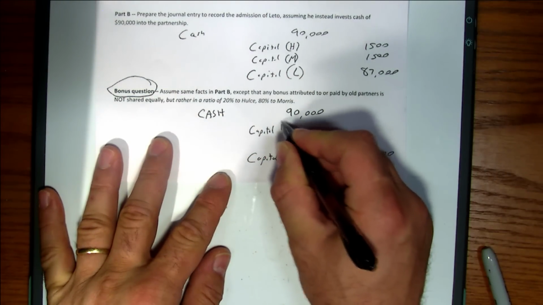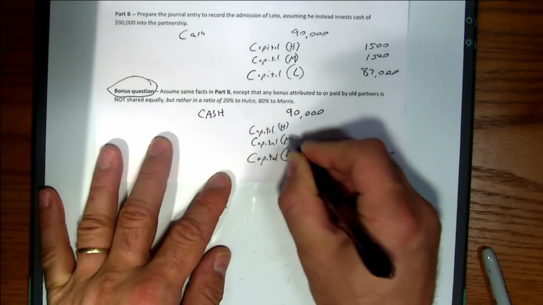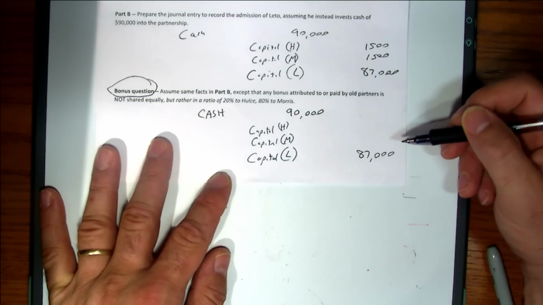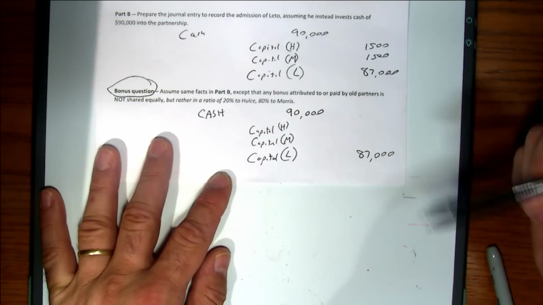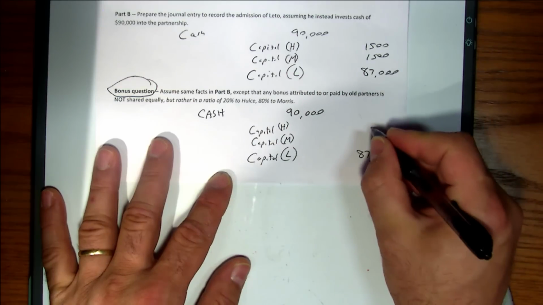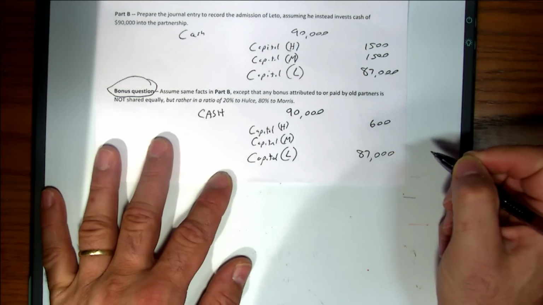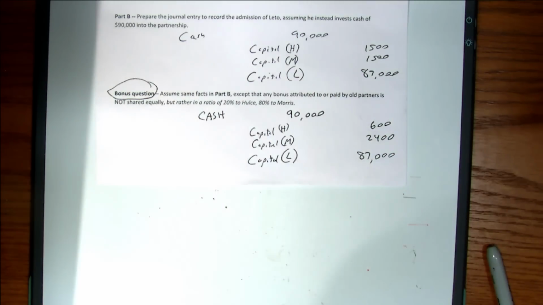Capital, Hulse, capital, Morris, but we're not going to divide it up equally. We're going to divide it 20%, 80% for Hulse and Morris respectively. What's 20% of 3,000? 600. What's 80% of 3,000? 2,400. Cool? Questions on that? You go through the same methodology though, right? The same process, correct?